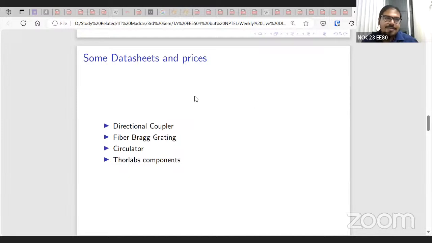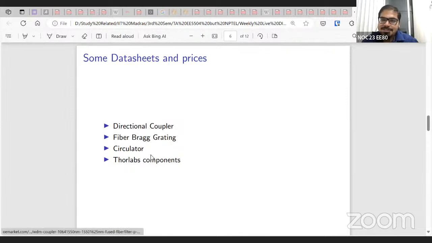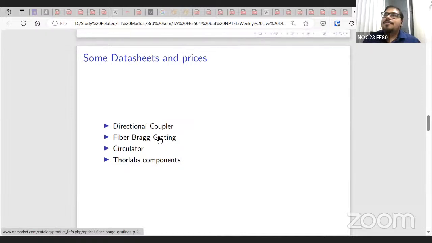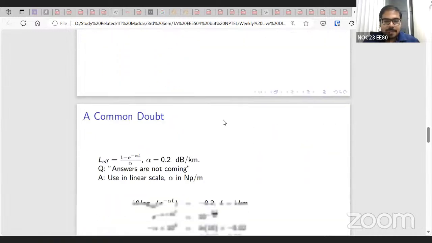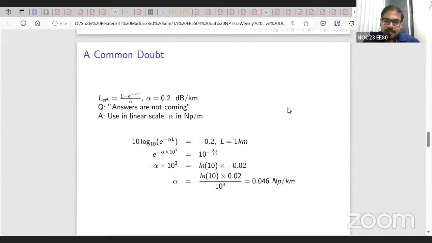I don't know whether you saw the components properly. Go visit some vendor websites. I hope you got the idea of how big the components are.